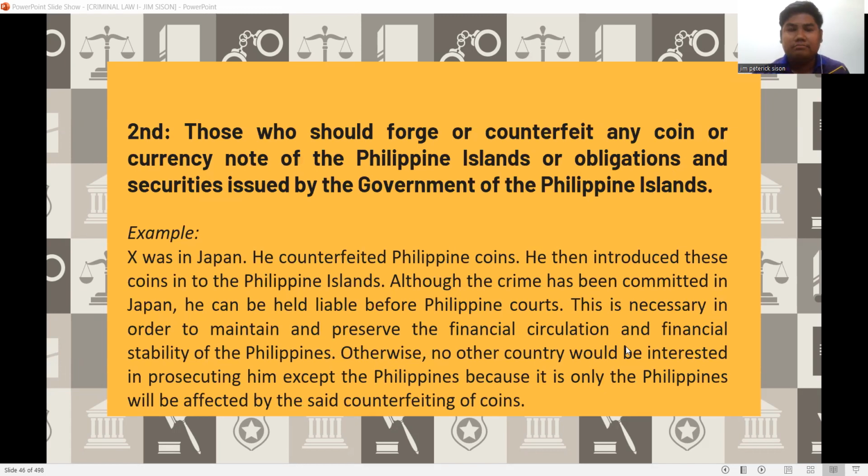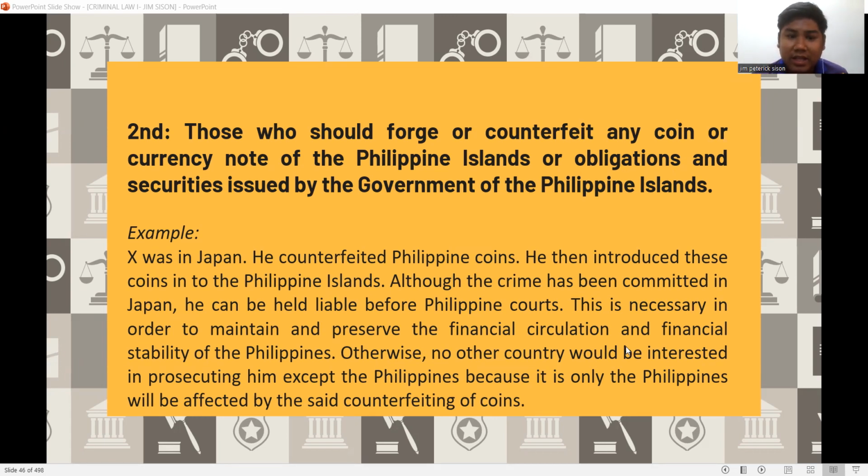Second instance. Those who forge or counterfeit any coin or currency note of the Philippines. So example, Mr. X was in Japan. He counterfeited Philippine coins or bills. He then introduced these coins into the Philippine Islands. Although the crime has been committed in Japan, can he be held liable here in the Philippines?